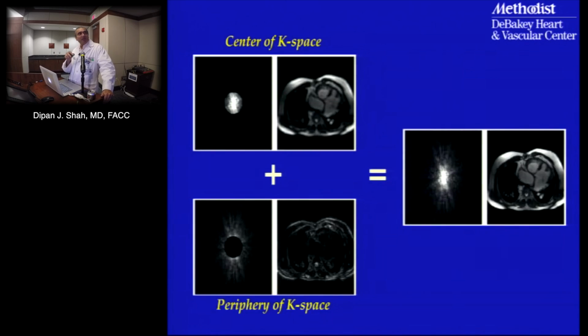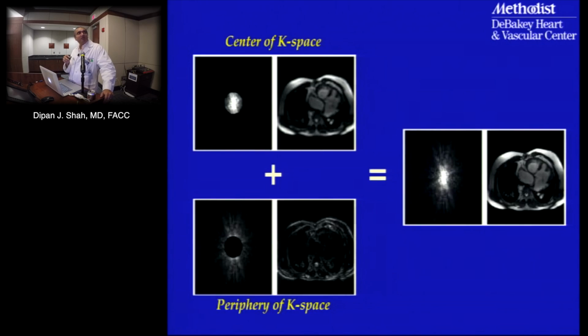The peripheral lines of K-space give you information about the sharp details. When you combine these two together, that's when you get a high-quality image which has sharp details and different image intensities. But notice, I could just sample the periphery alone, and I may then get very sharp details, but I won't have any differences in image intensity between one tissue versus another.